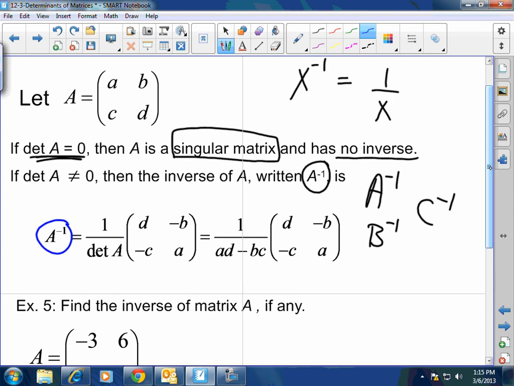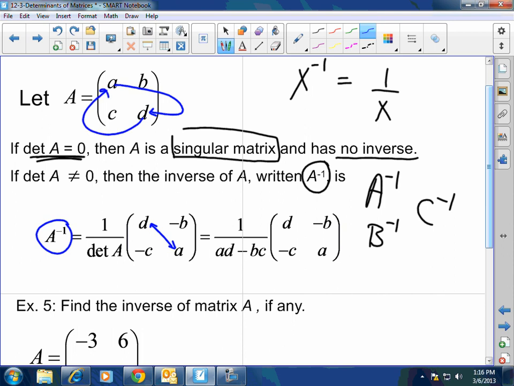Please check this out. See how I had AD? Well, now I have DA. So I invert those. I put the A where the D is and the D where the A is.